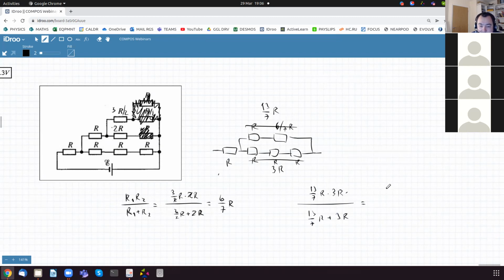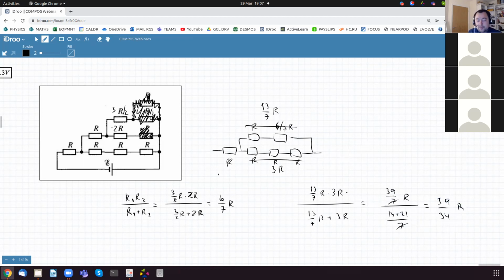So that's 39/7 R. And this 13/7 plus 21/7. Luckily 7 cancels. So we get 39 over 34R.